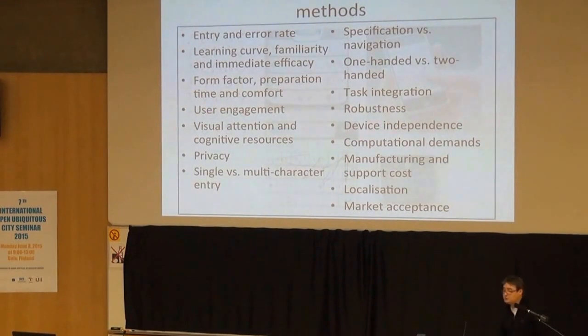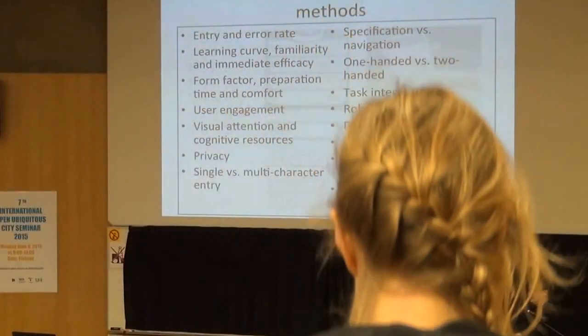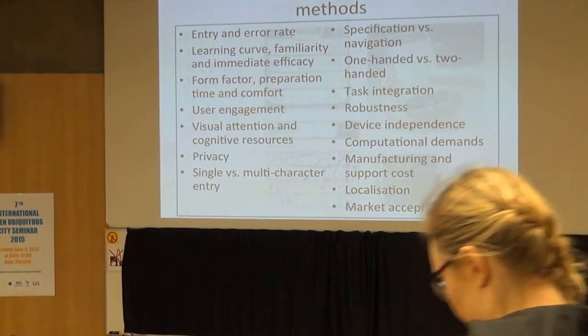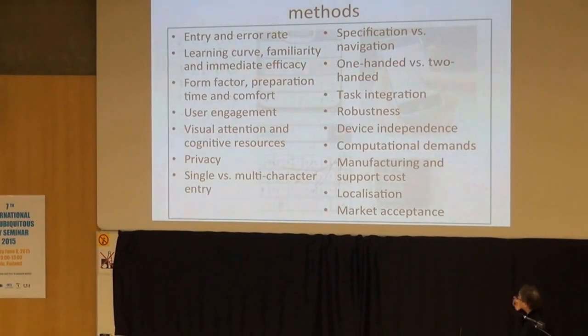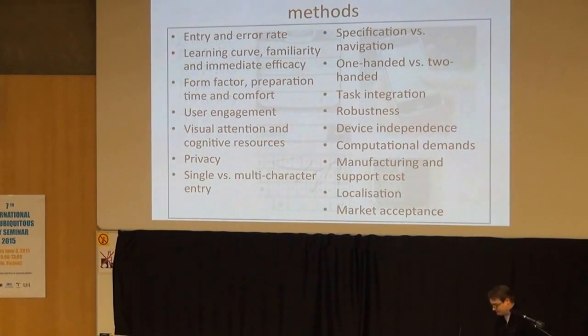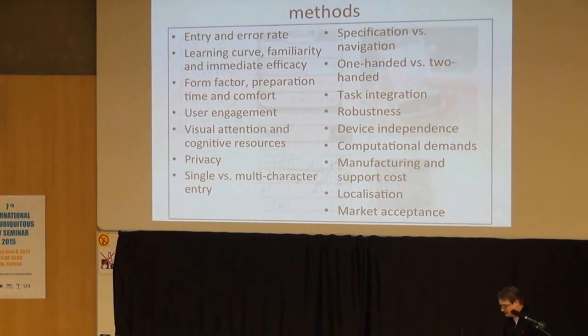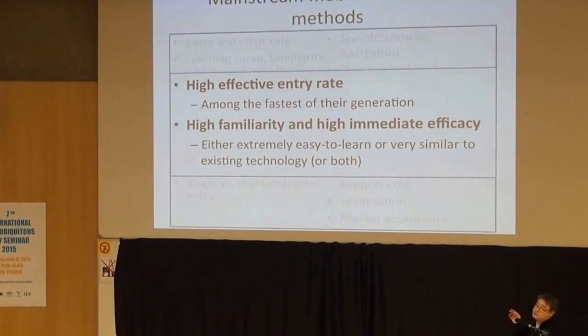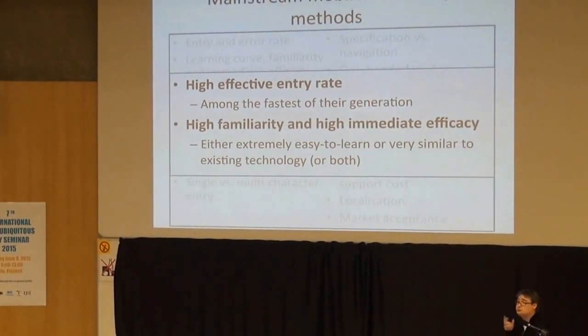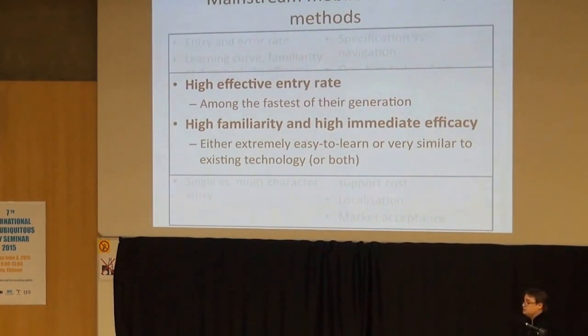If you look at the hundreds of text entry methods that have been proposed in the patent and research literature, and compare how they fare against these design dimensions with the 5 mainstream mobile text entry methods, what you find is that the successful mainstream methods that have achieved widespread user adoption share 2 traits that are not shared among other unsuccessful text entry methods.